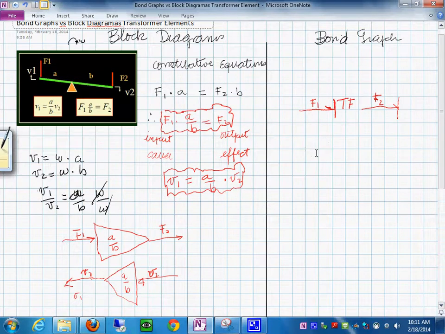You could write this in generalized terms like TF, this is A over B. This is F1 on TF multiplied by, okay, so what I'm trying to tell you is that this is v1 and F sub 2 is that this bond graph is equivalent to these two equations.